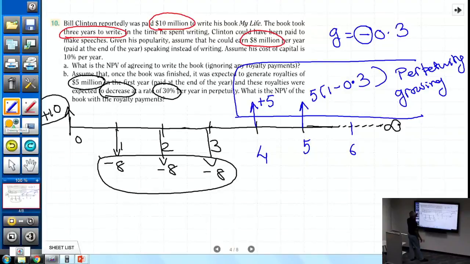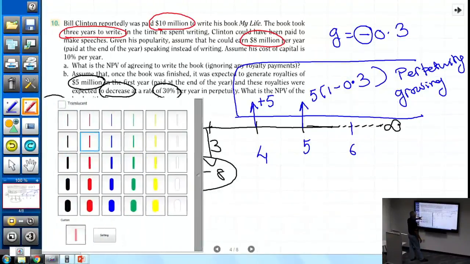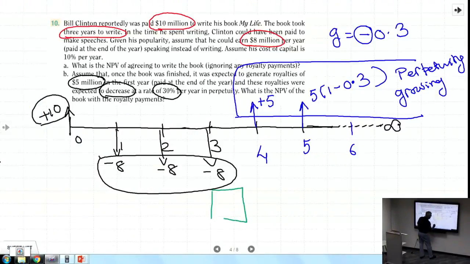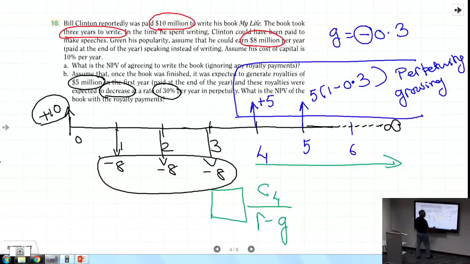So for a problem like this, the first thing we do is calculate the terminal value. What will be the value of all of these cash flows, this growing perpetuity? And we know it's going to be cash flow in year 4 divided by R minus G.